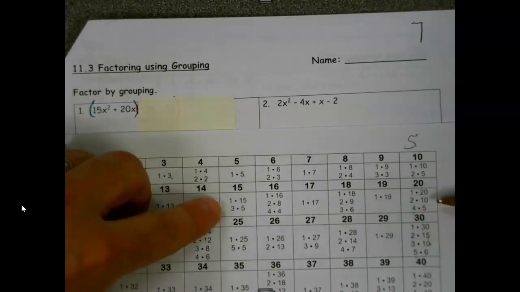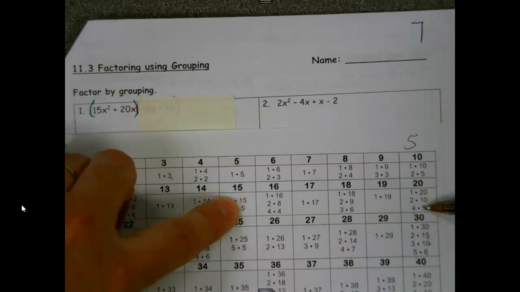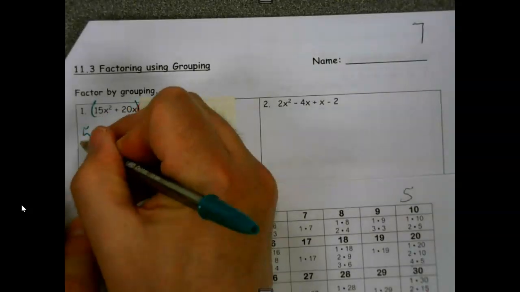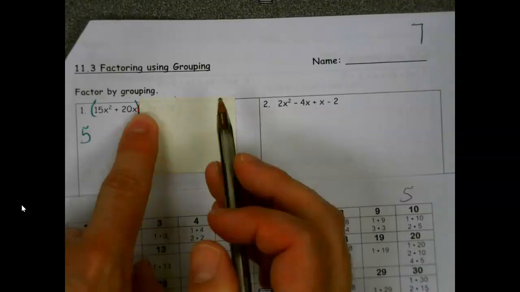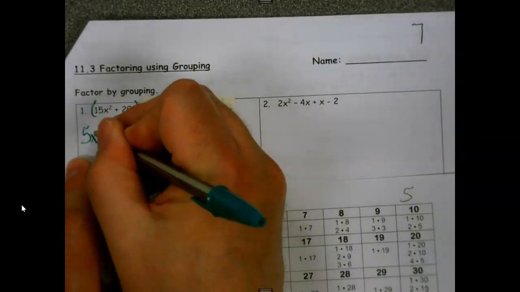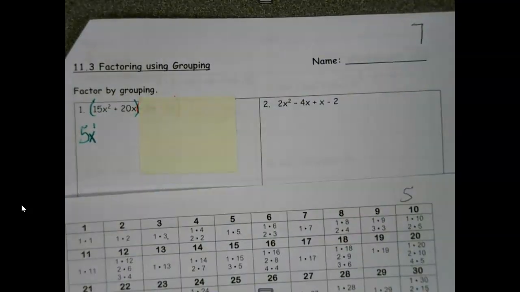So 15 and 20, what's the biggest number that's in both boxes? 5. So we're going to get the 5 out of there. They both have a variable. So we take the one with the smaller exponent, which is x, or x to the first, if you want to go that route.